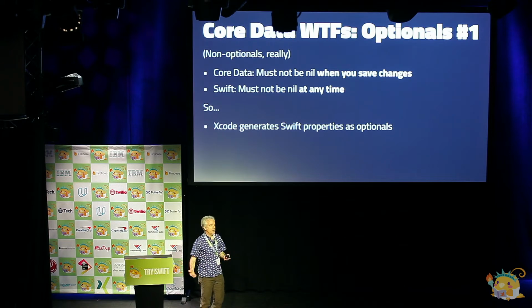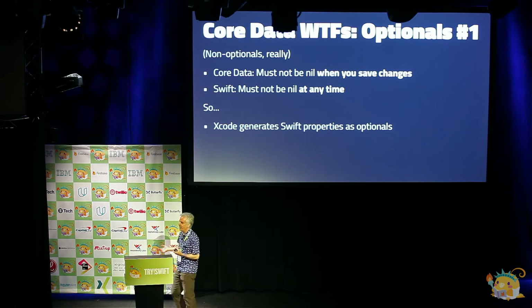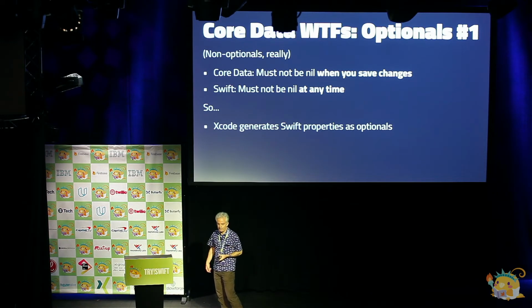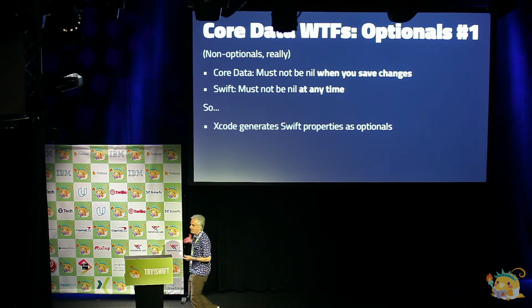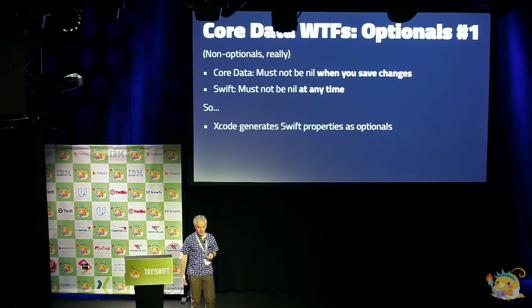They have to have a value anytime after you finish initializing your property. Core data doesn't care about that. It only checks when you are saving changes to core data. So it always generates properties as optionals. That's why.